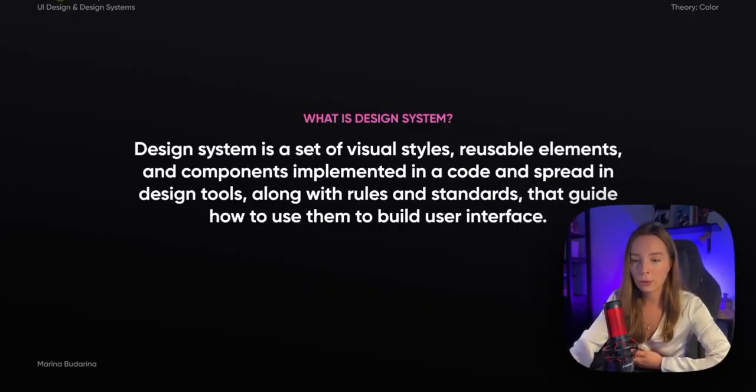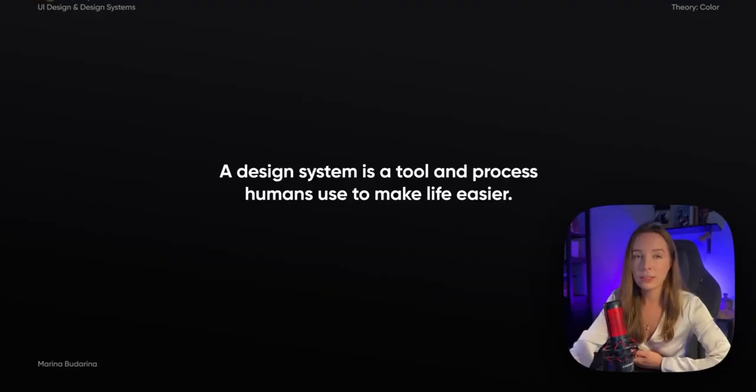But if we zoom out a bit and consider a more comprehensive view, a design system is a set of visual styles, reusable elements, and components implemented in code and spread in design tools such as Figma or any other, along with rules and standards that guide how to use them to build a user interface. In fact, at the end, a design system is just a tool and a process that we as humans have created to make our work easier and faster.